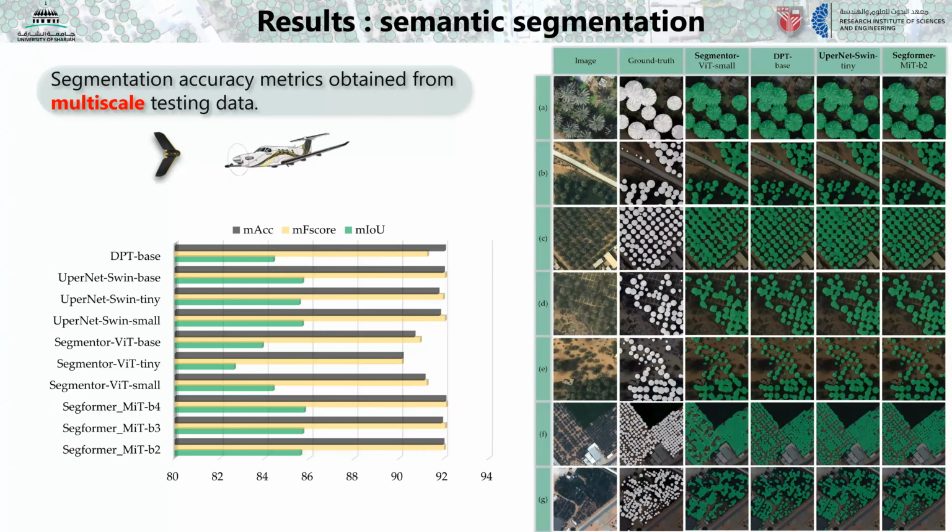Second, the model was also developed on a multiscale dataset of UAV plus two aerial images: 5 centimeter UAV data, and 15 and 20 centimeter ground sample distance datasets as well. On the left side, this analysis showed that the Segmenter model was the least accurate, while the generic SegFormer and UperNet Swin Transformer could map dead palm trees with an F-score of 92% and mean intersection over union of 85%.